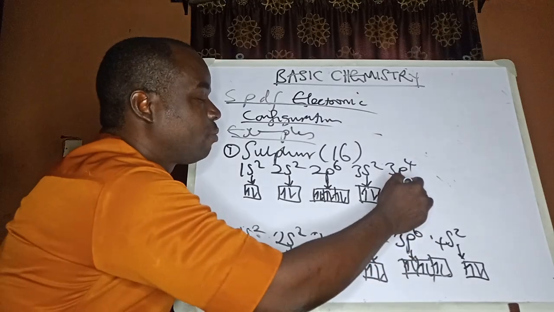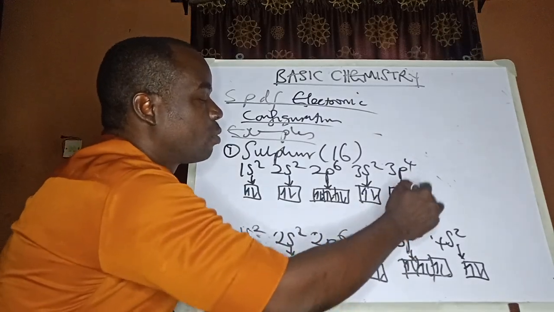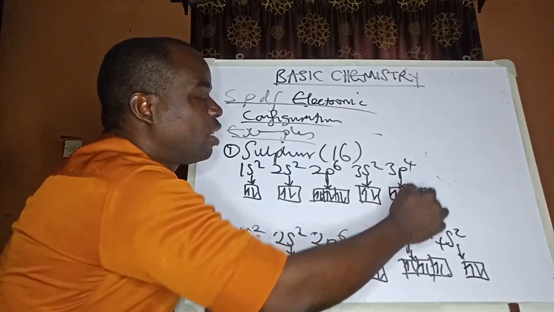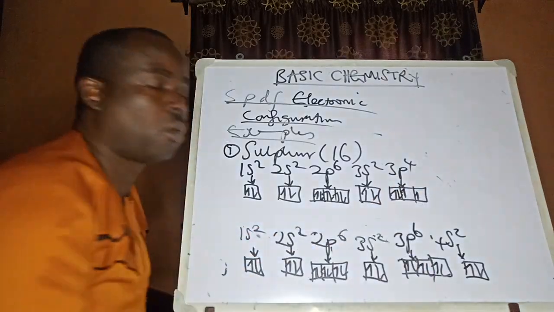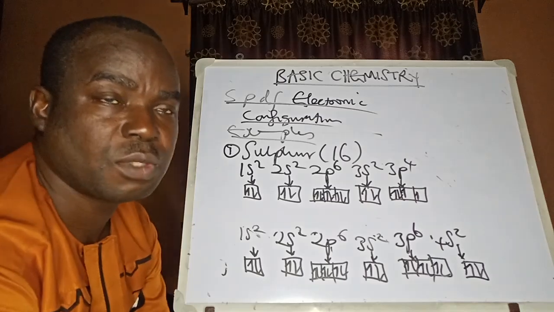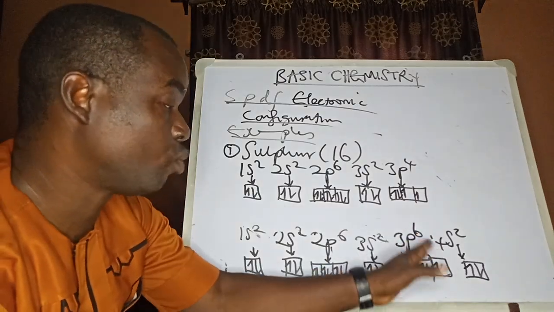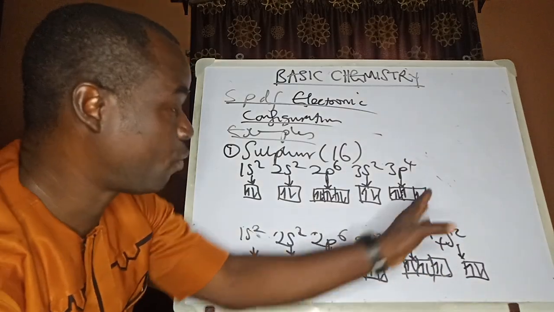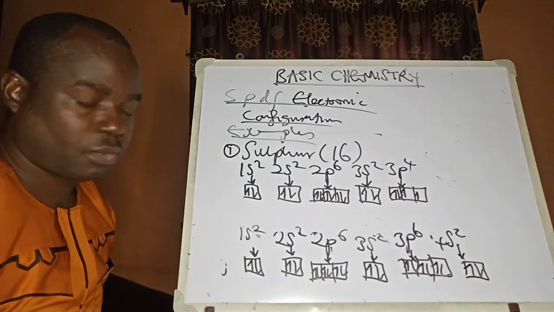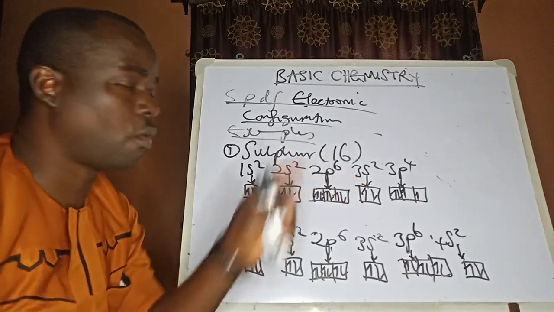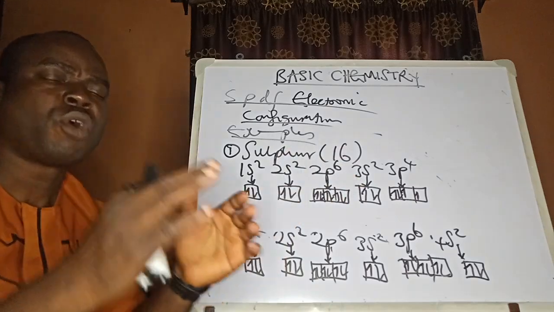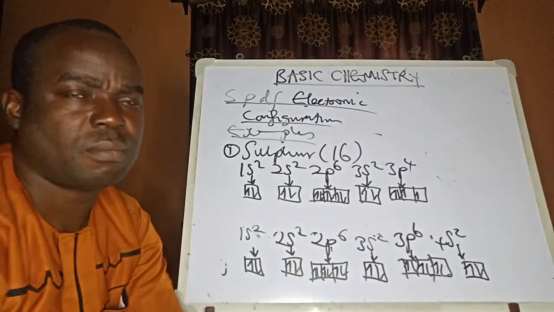So we have 1, 2, 3. But it has 4 actually. It doesn't have 6. So it means it stops at 4. Are you seeing it now? It stops at 4. If it were complete, it would have been 6. Now, this is the electronic configuration of sulfur. But there's one thing I want us to pick from here.